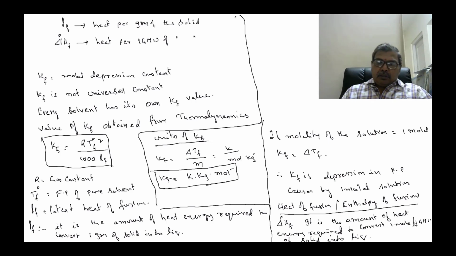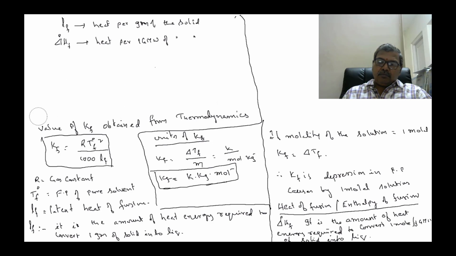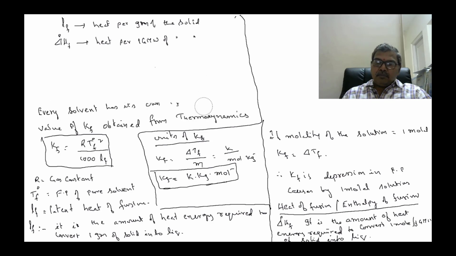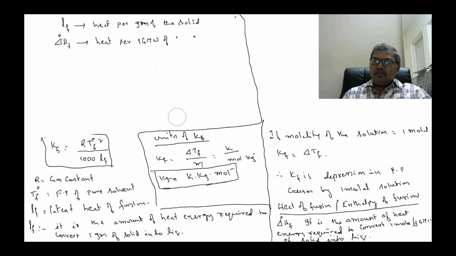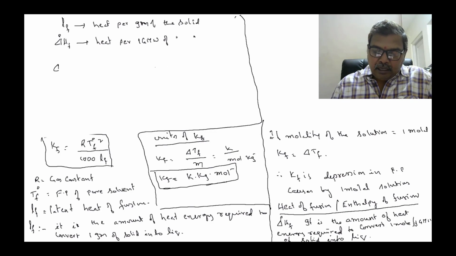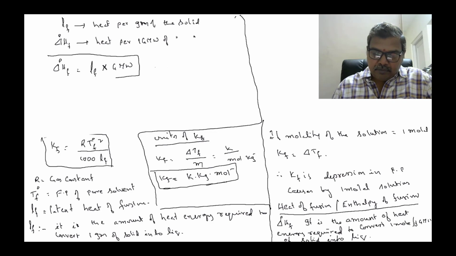Clear? So, delta Hf naught is equal to Lf into gram molecular weight, represented by MA, the molecular weight of the pure solvent.